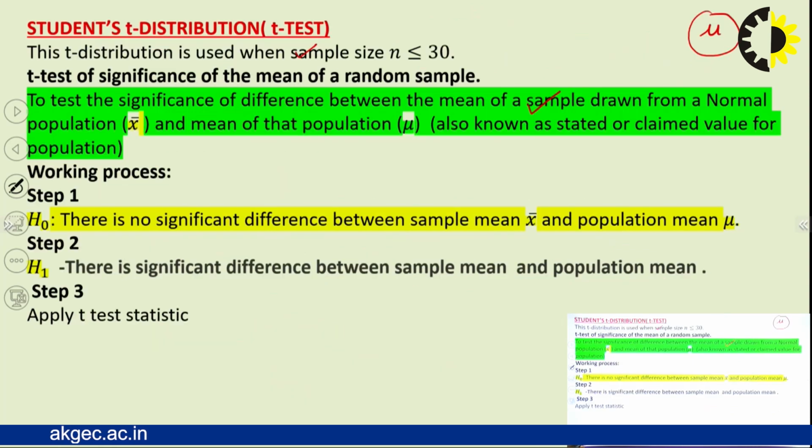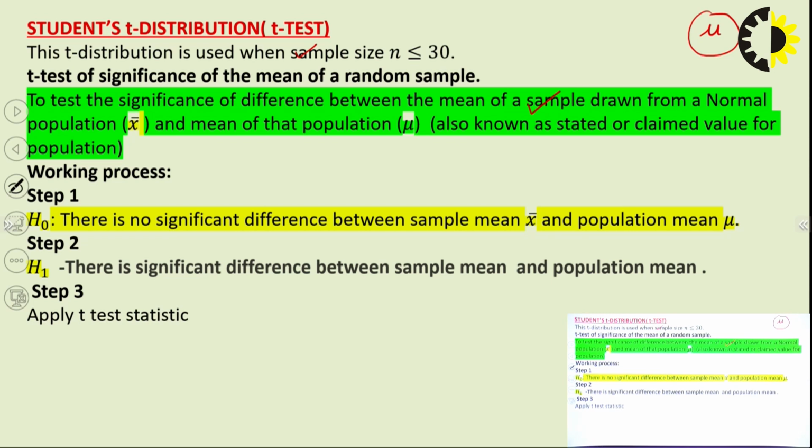Now let us start the test of significance, and here from various tests of significance I am going to discuss the T test. The T test is used when the sample size is less than 30, means in our sample the maximum number of items can be 30 only, then we apply the T test.